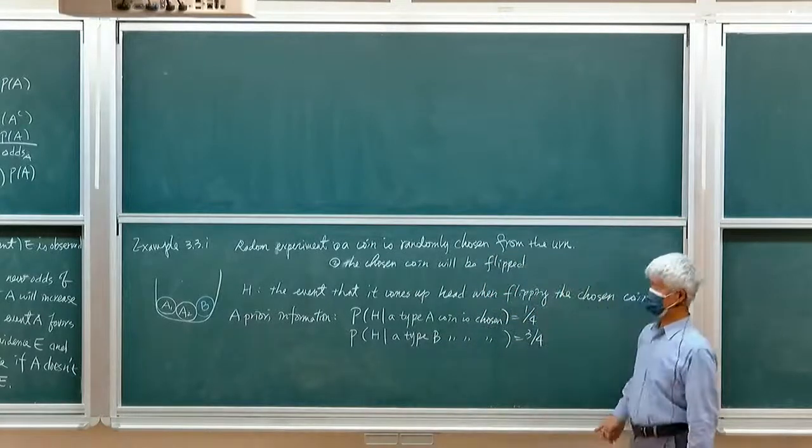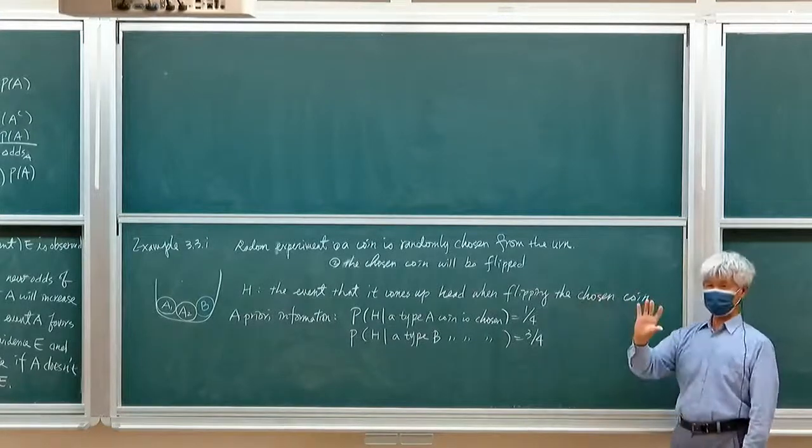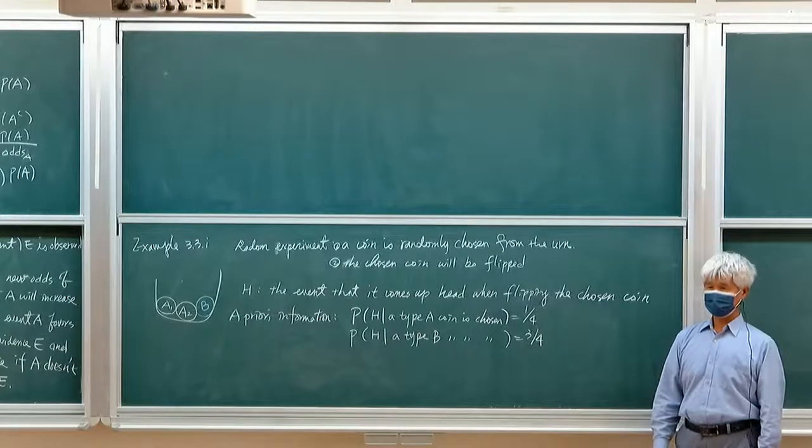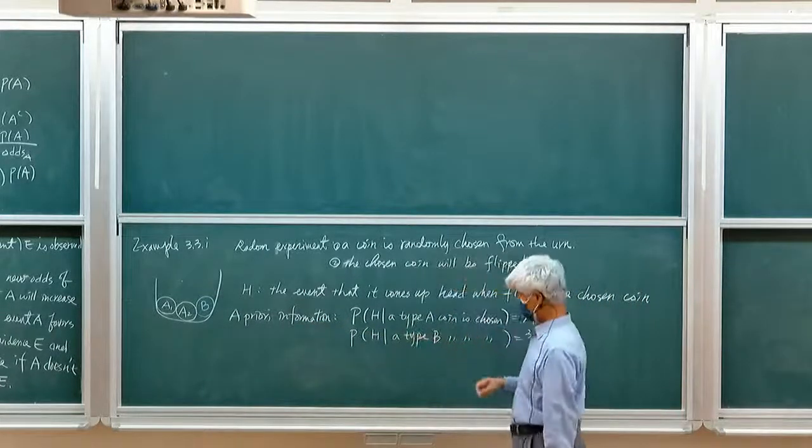Okay, so that is the prior information. It depends on the structure of the coin. So that is the a priori information we have.